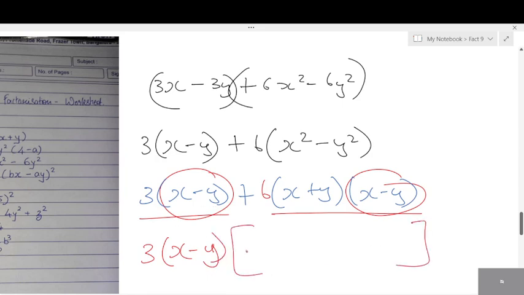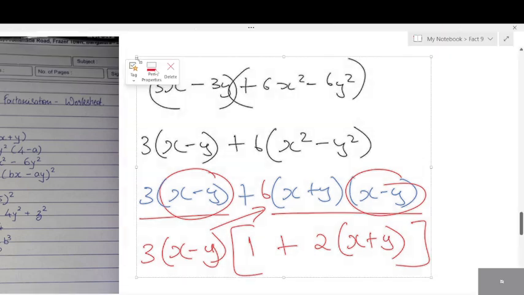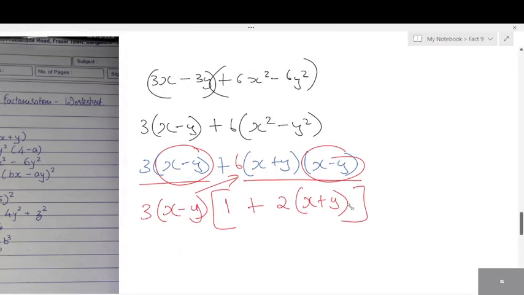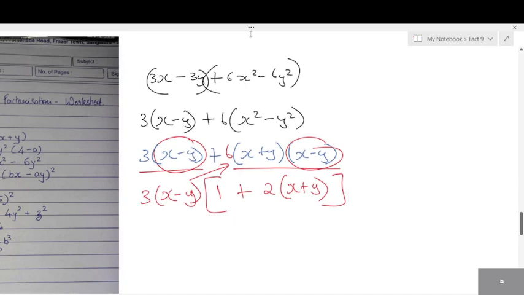In the bracket, what do you get? For this, you get 1 plus 2 into x plus y. If you haven't done it or got it wrong, make a note of this. Be quick. Open the bracket and solve the other part. 3 into x minus y into 1 plus 2x plus 2y is the answer.